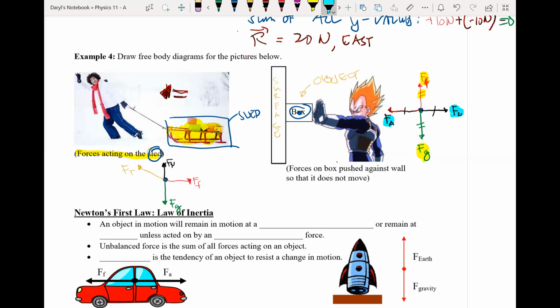Because Newton's law, which is our next discussion, the first law, is not talking about a single force. It's talking about the sum of all the forces. When you take the sum, that is just the resultant force. You add all the forces.